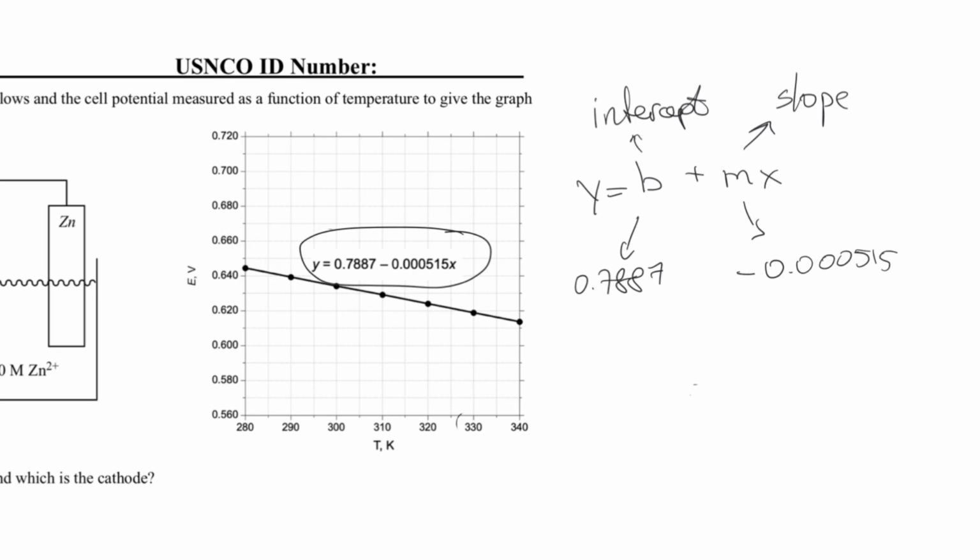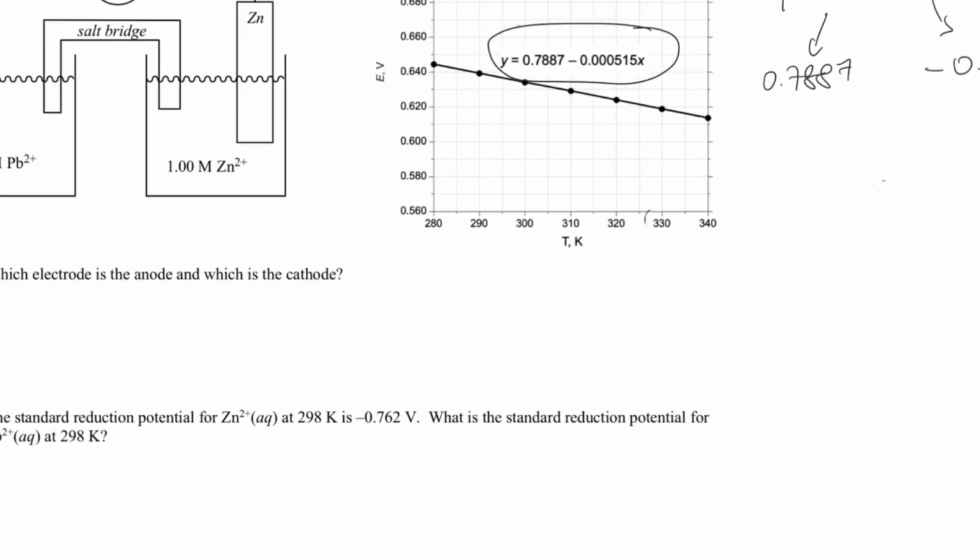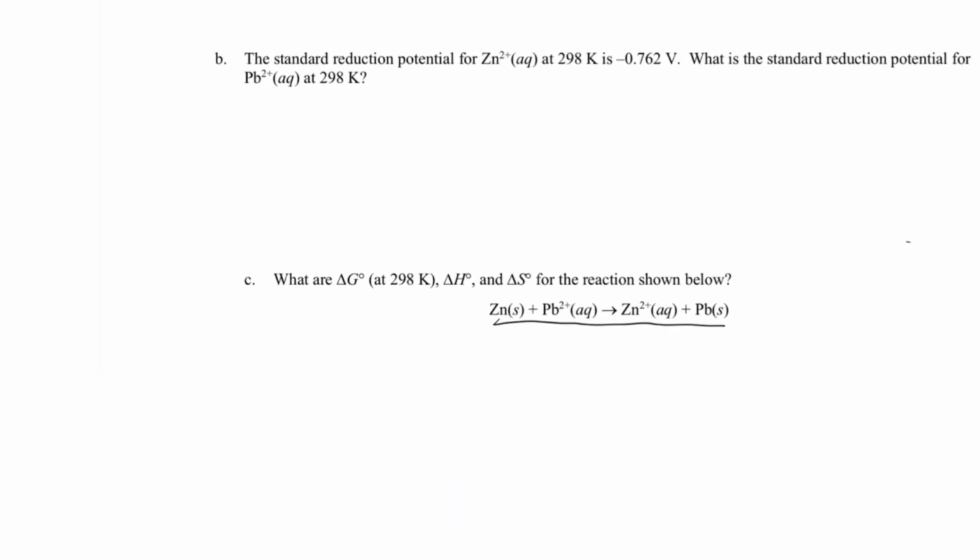So we just rewrote the thermodynamic relationship into a straight line equation, so that we can read thermodynamic quantities from the slope and the intercept. Now we just need to remember that delta G for electrochemistry is equal to negative nFE.